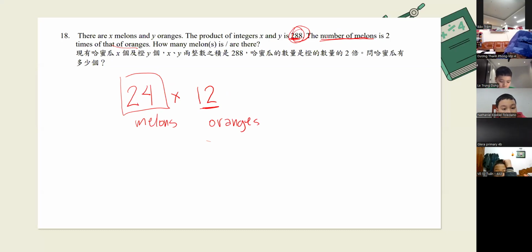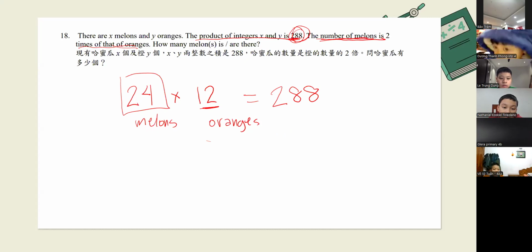Now we satisfy this statement. Now let's check the other condition given. It says that the product of our integers, the 24 and the 12, must be 288. If you multiply 24 and 12, you will actually get 288. So there's nothing wrong because we've satisfied all conditions.